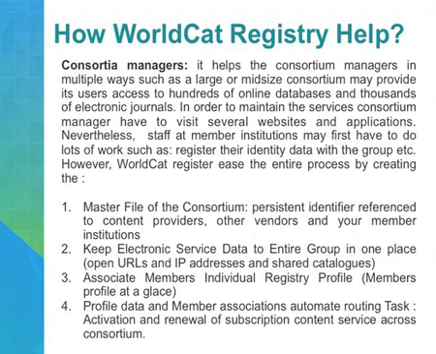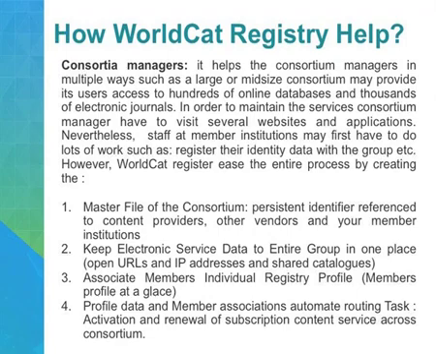In order to maintain the services, the consortium manager has to visit several websites and applications. Moreover, staff at member institutions may first have to do lots of work, such as registering their identity data with the group and lots of other related work.